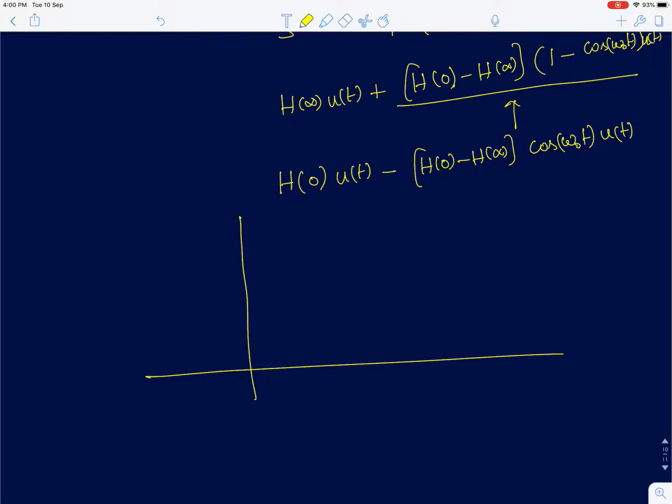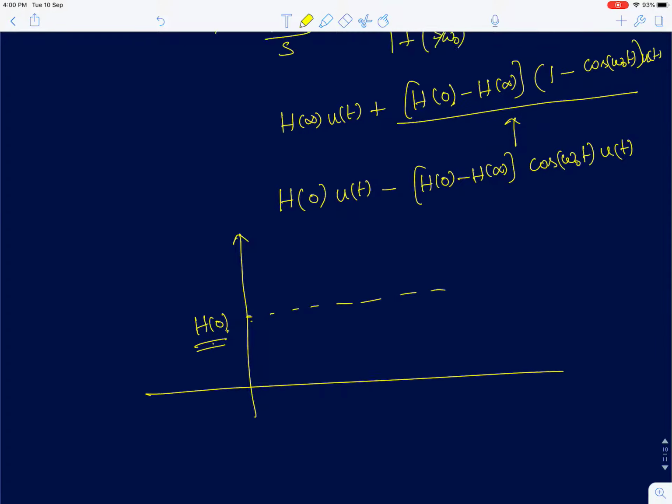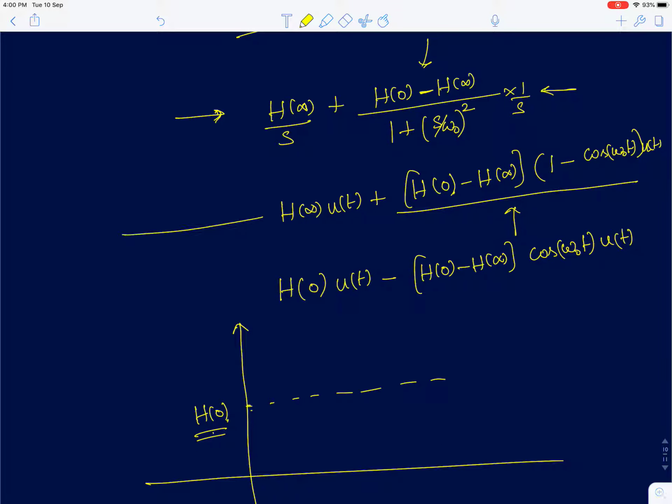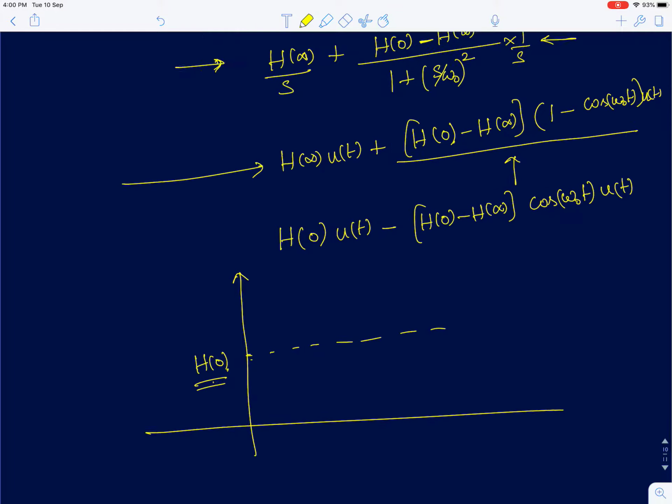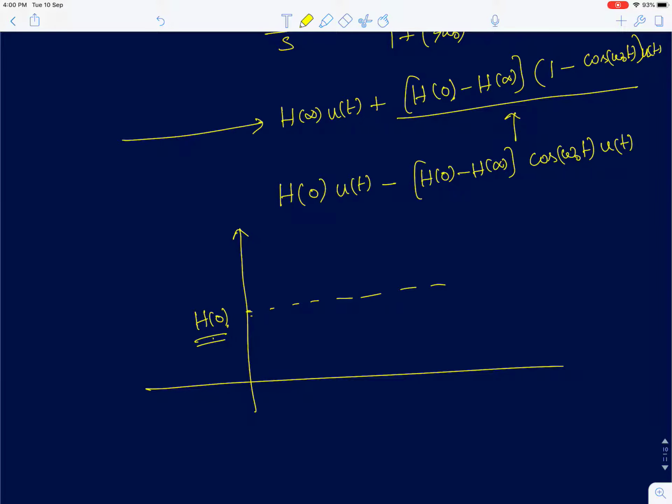Okay, so first you can actually draw h of 0. The instant you apply a step input, writing the output in this format sounds more intuitive. You are going to get h of infinity. Here I'll assume h of infinity is less than h of 0. It's easier to draw it that way.